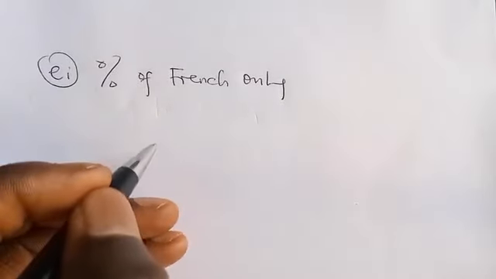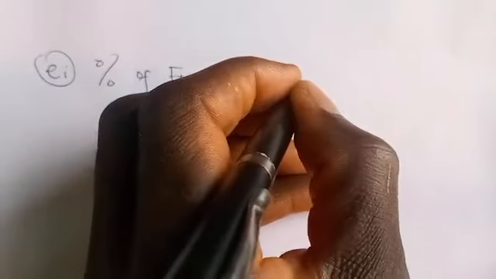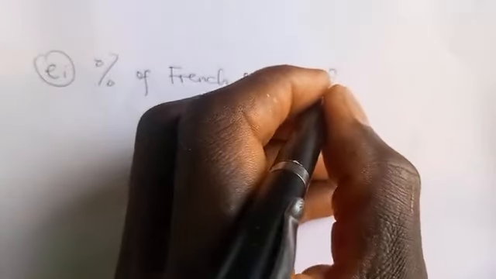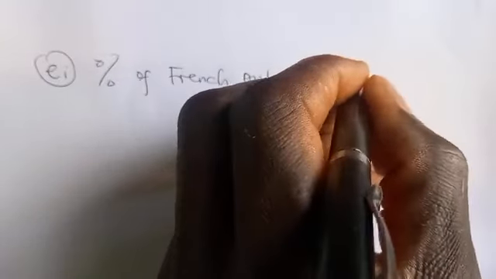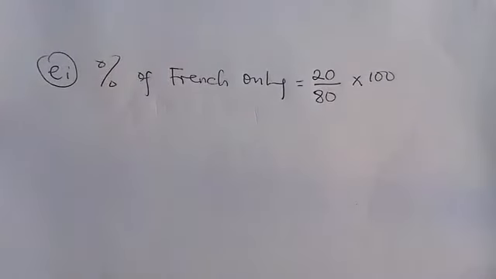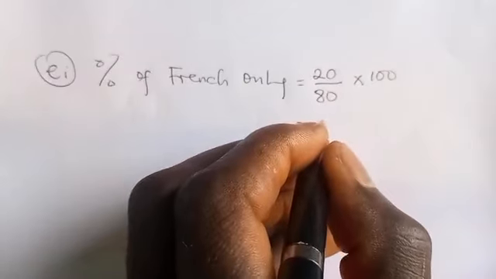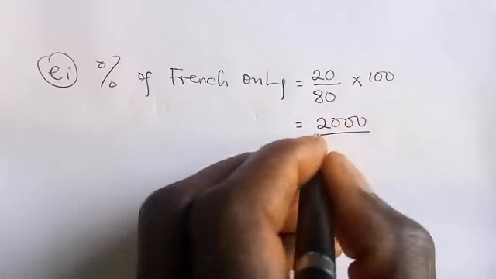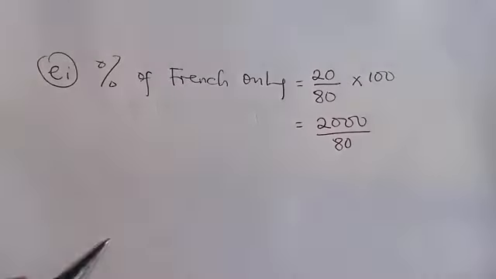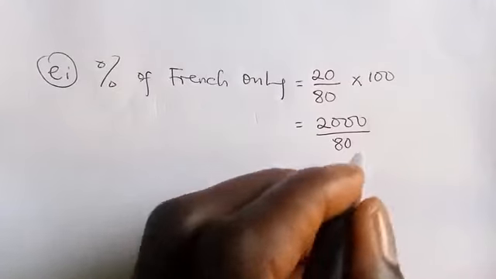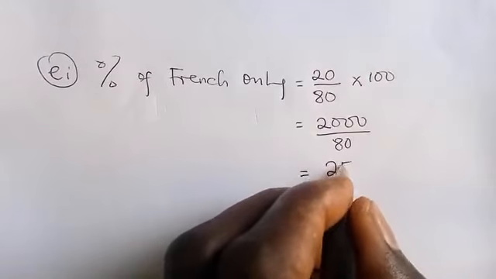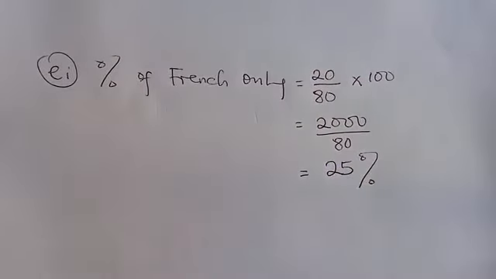So the percentage of boys who offered French only will be equal to 20/80. We multiply this by 100. 20 multiplied by 100, we are going to have 2,000 divided by 80. 2,000 divided by 80, we have 25. So the percentage of boys who offered French only is 25%.